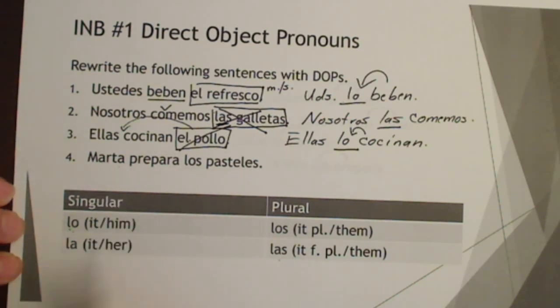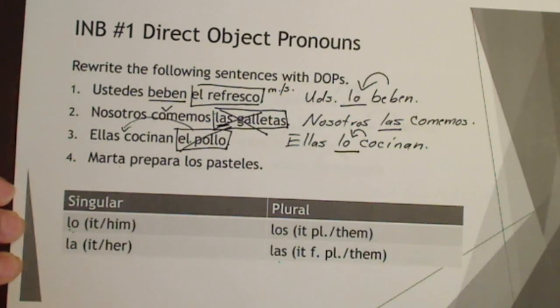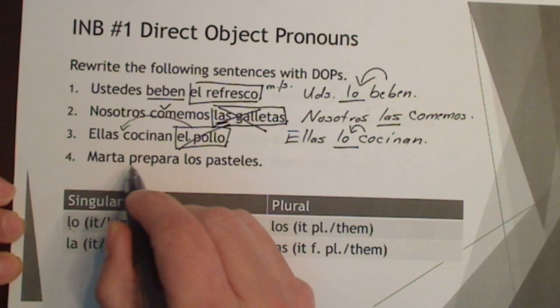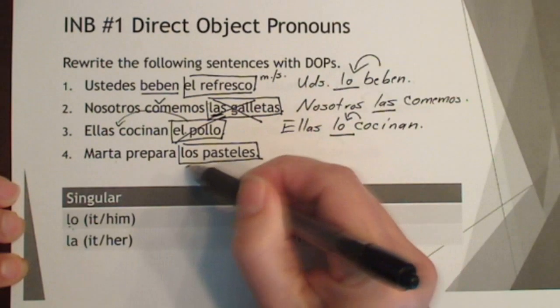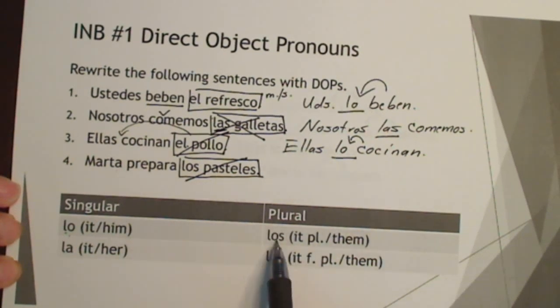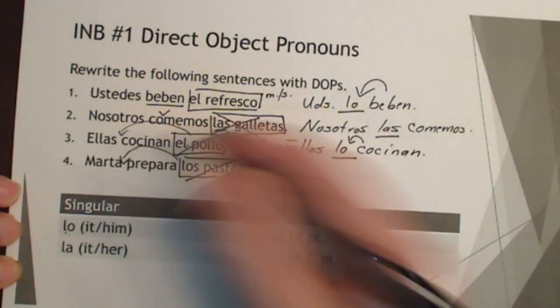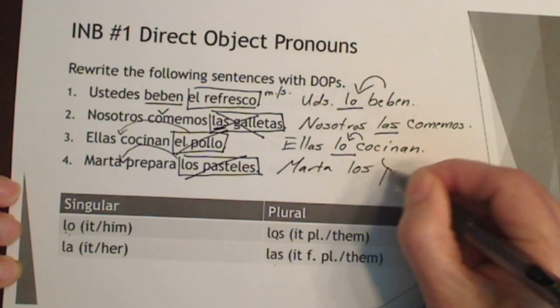And then the last one here, Marta prepara los pasteles. Marta prepares the cakes. So then what does she prepare? The cakes. We need to get rid of los pasteles and replace it with the word los as the DOP. It's going to go up front. So it would be Marta los prepara.